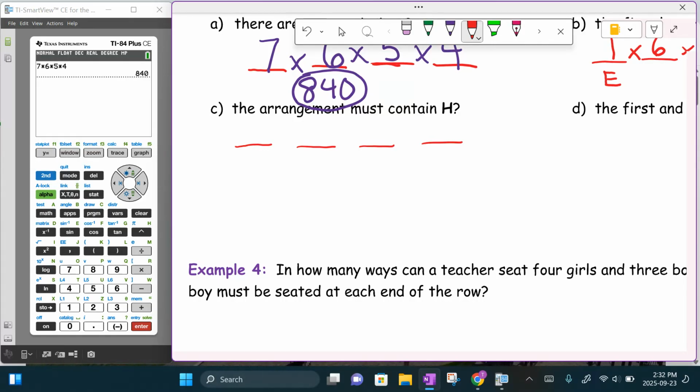So you could do it once. And let's say we go back and put the H here. Right? So then it would be 1 times 6 times 5 times 4. Do you guys agree it's pretty much like what we just did? But where did I put the H? First. But did I have to put it there? I could have put it in the second, third, or fourth. So you could just do one case and times it by 4.